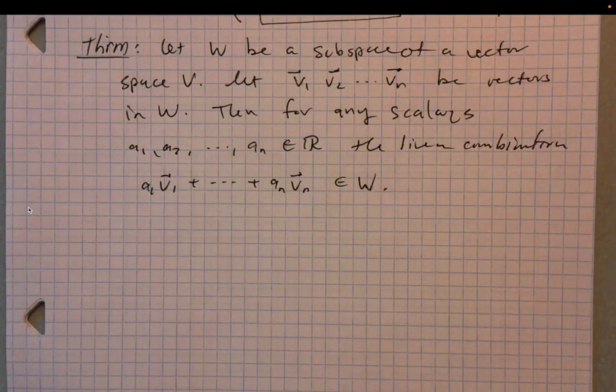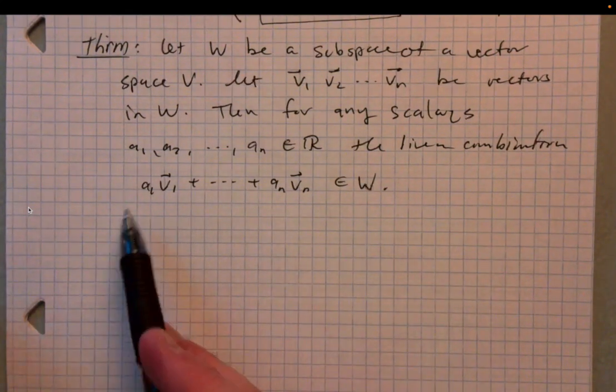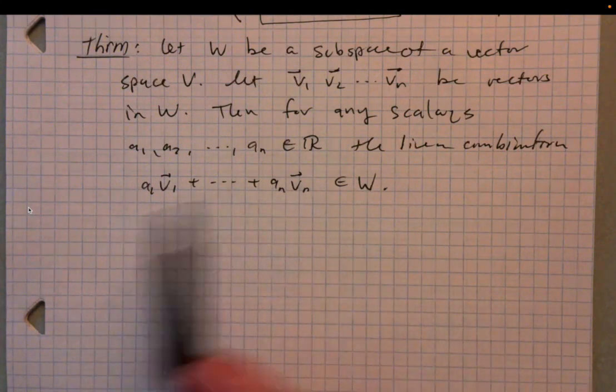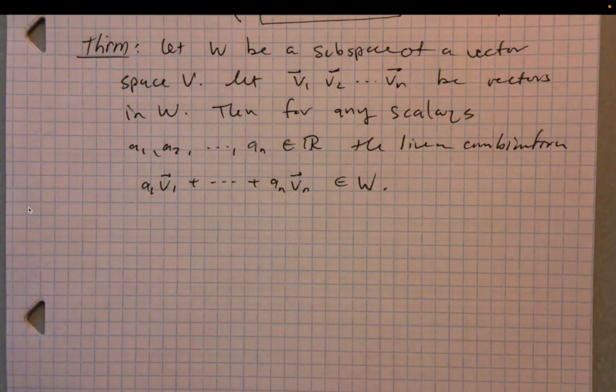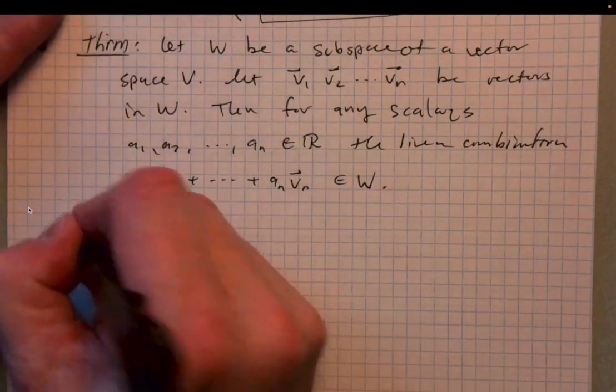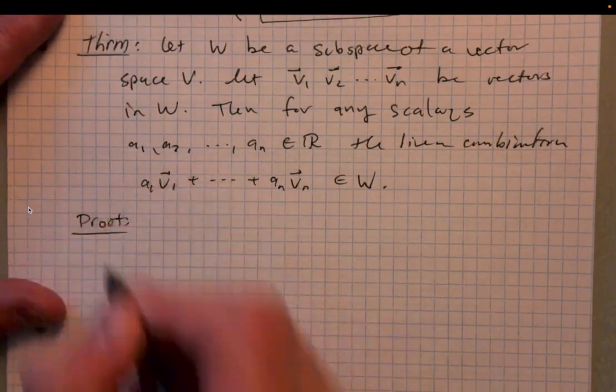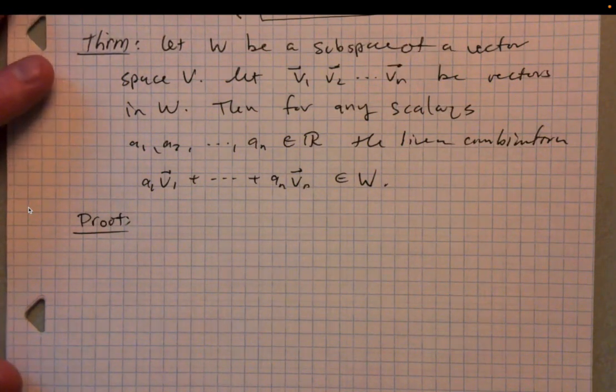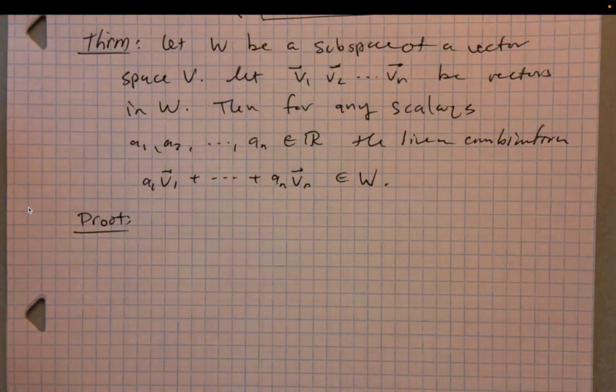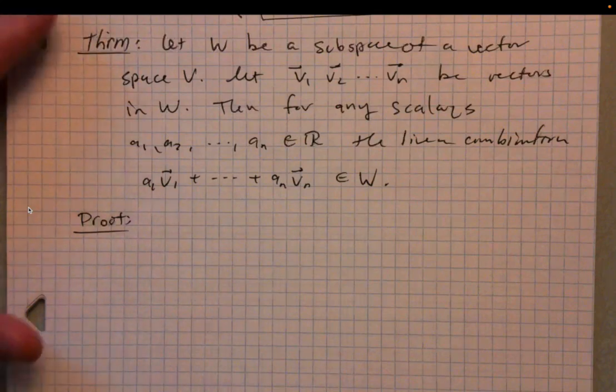Well, what's maybe in question here is whether or not long strings of vector sums like this and scalar products will remain inside of the vector space. Okay, so I think to prove this, it's pretty easy actually. It's almost too easy, especially if you just use induction. So we're going to use induction.